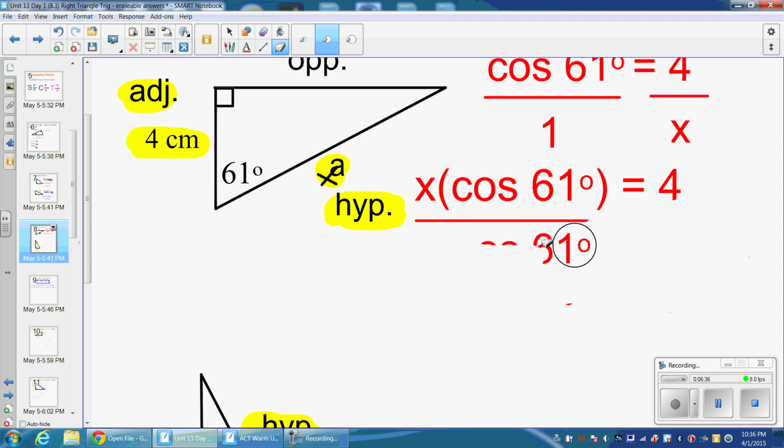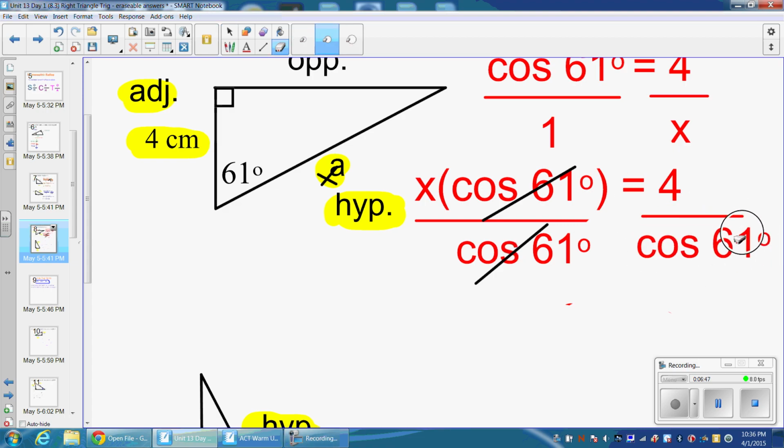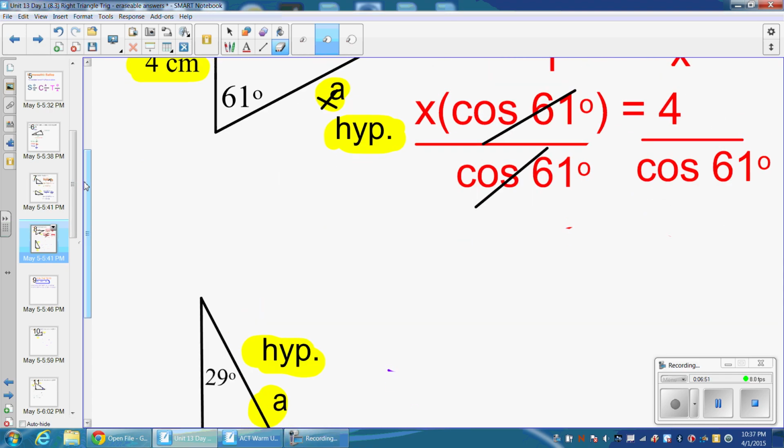So if I just divide by cosine of 61, these two are gone. But if I divide on this side, I have to divide on the other side. So I get 4 divided by cosine of 61. And now you can type that straight into your calculator. Just type 4 divide cosine of 61, and you get 8.25 centimeters.